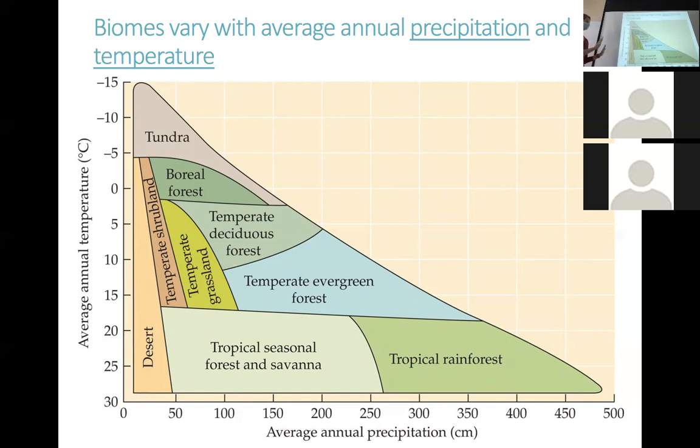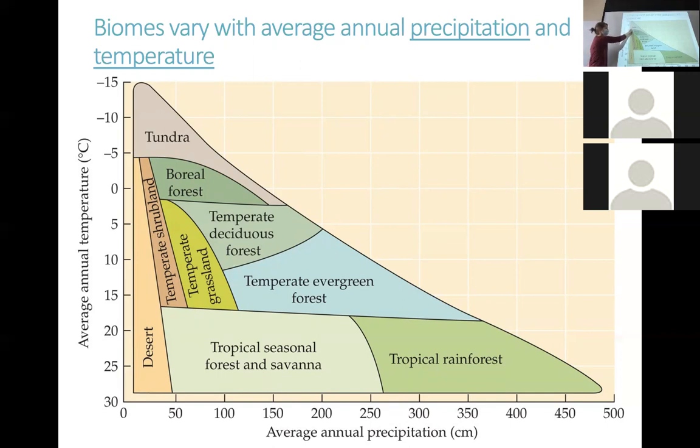And you can look at the relative position of each of the major biomes with regards to how warm or cold it is and how much precipitation they get. So deserts, obviously really low on the precipitation scale. But you can have fairly cold deserts. Most of them are hot, down here in the 25°C range, but there's some cold deserts as well.